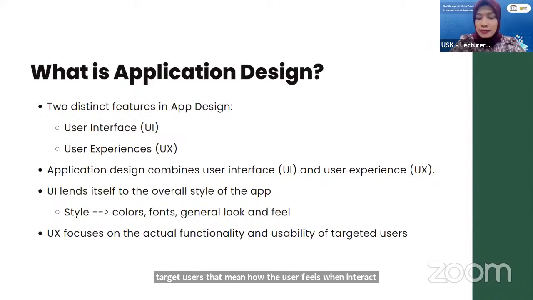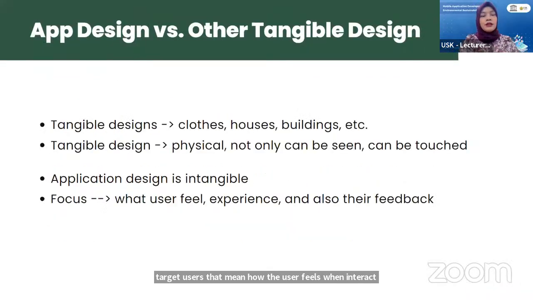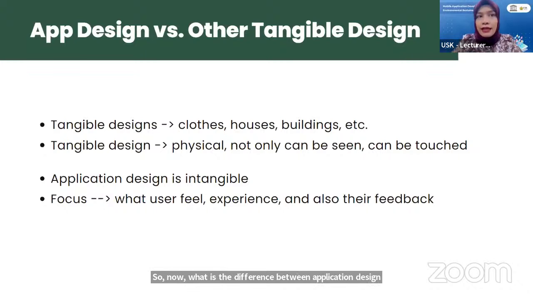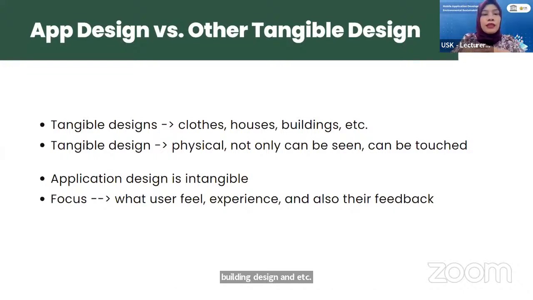That is the UX. So now, what is the difference between application design and other design like clothes design, house and building design, etc.? Other designs like clothes, houses, and buildings, we group as tangible design.